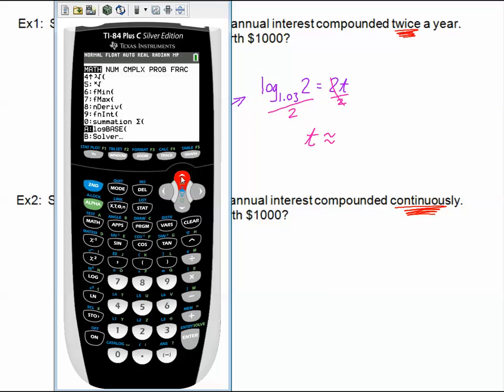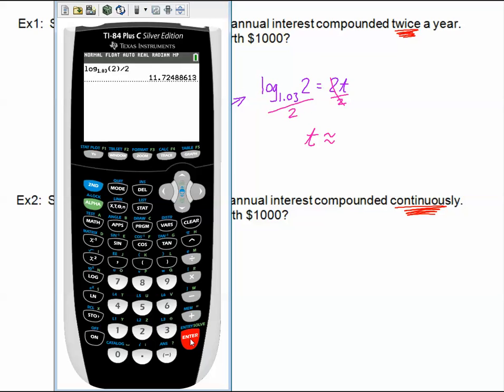If you do not have this log base, then you will need to do the change of base formula, which is the common log of 2 divided by the common log of 1.03, and then divide that by 2. Watch out for your parentheses, of course. If you do have this function on your calculator, you can do it basically in one step. There's my base, and there's my number, and I'm going to divide that by 2.